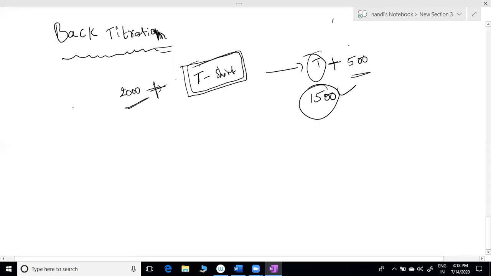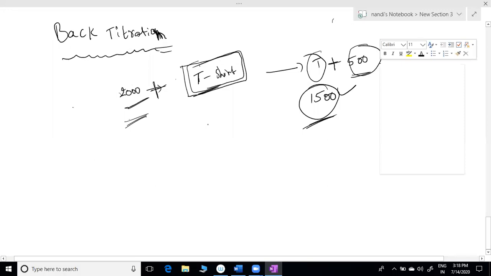Correct. In the same way, back titration means we don't know exactly how much is there, but we add acid or base, and then we get how much extra we added. Are you getting my point? Suppose this acid and base is there.